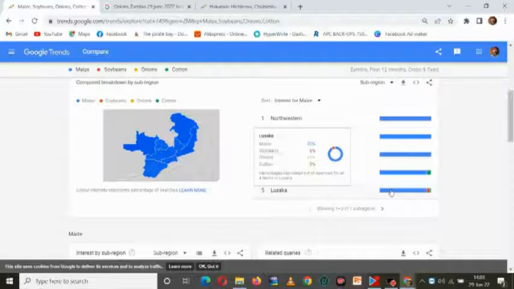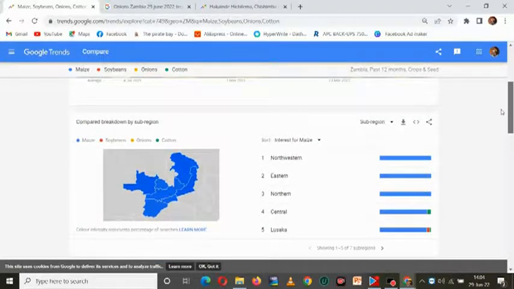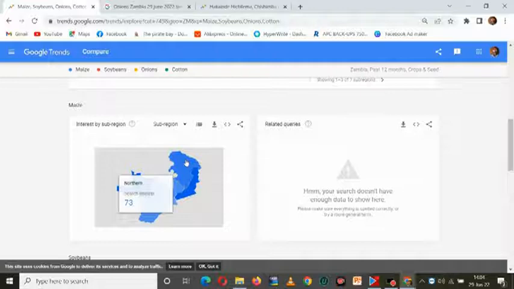People probably were trying to find out how to grow these crops and things like that, which are related to growing these products. Now let's look at regions and crops. So maize, in such interest in Northern Province was 73.